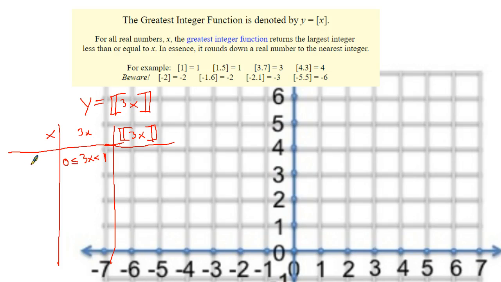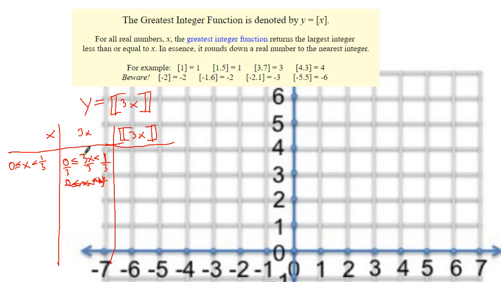And then to figure out what my x values are, I could divide through by 3. So I divide by 3, divide by 3, divide by 3, and when I do, I get 0 is less than or equal to x, and that is less than 1/3. Now that really doesn't belong in this column. It's really supposed to go over here. 0 is less than or equal to x, and that's less than 1/3. And we can go ahead and scratch that off. That's not necessary anymore.